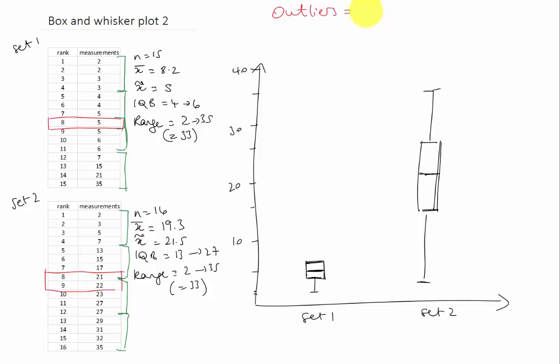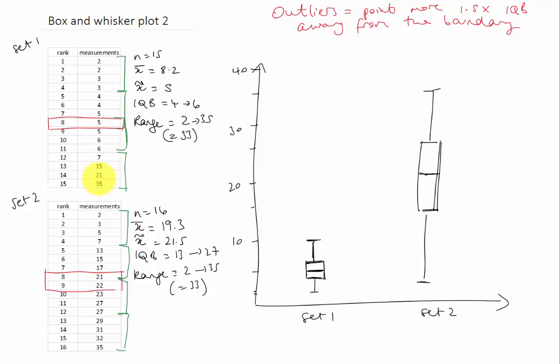So outliers are points more than 1.5 times the interquartile boundary away from the boundary. There's probably a snappier way of explaining it, but in this case our range of the interquartile boundary is 2, so there we have to look 1, 2, 3 away, because 3 is 1.5 times 2. So there we have to go from 6 to 9. And then anything outside that we have to mark separately.